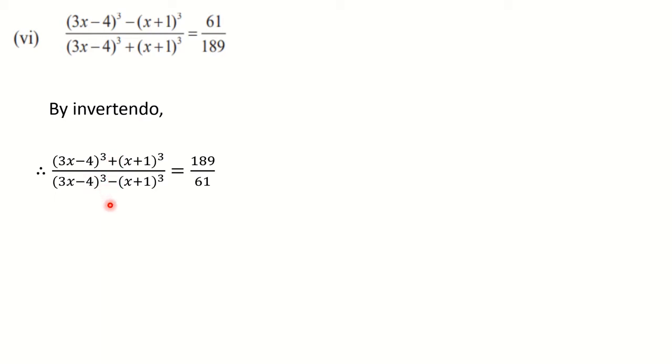And then by using the similar steps from question number 3, that means by doing componendo dividendo and then by taking the cube roots, you can solve the sum. Okay, so you can solve this by yourself by using the same steps as we have done in question number 3. I hope you will practice it for the exam purpose.